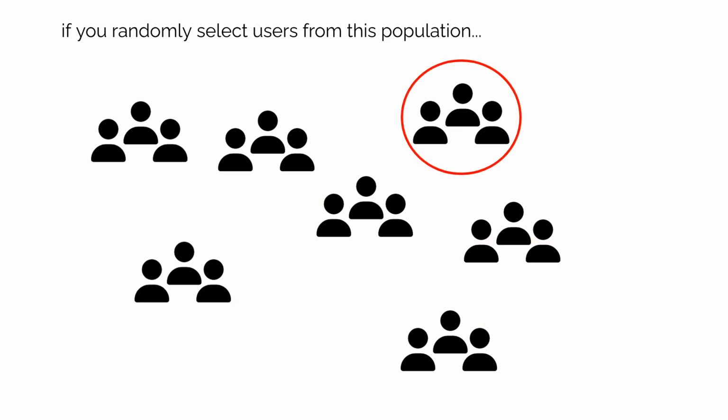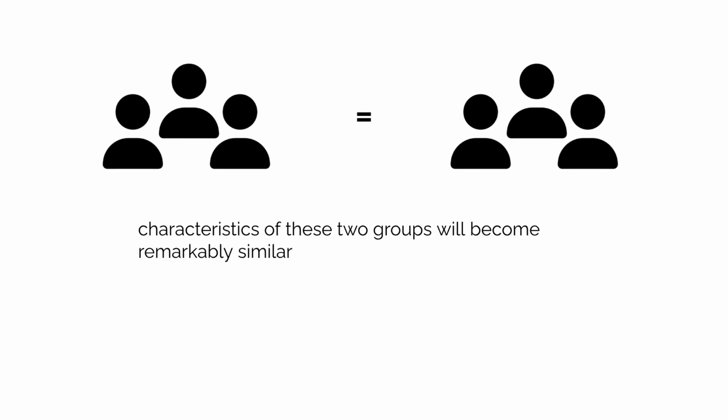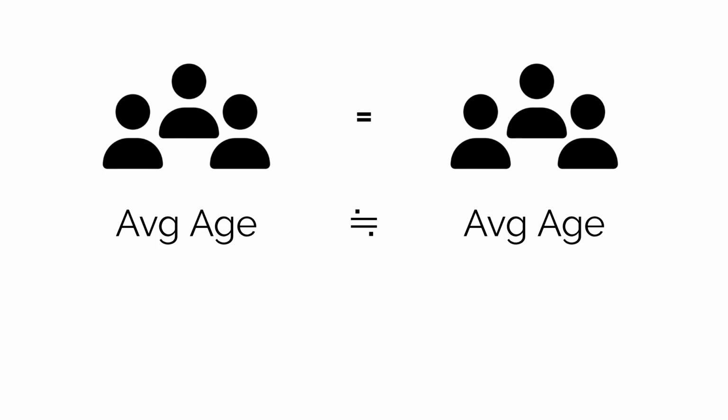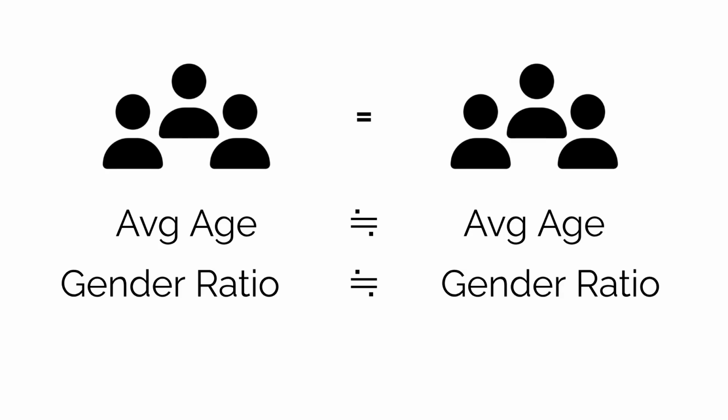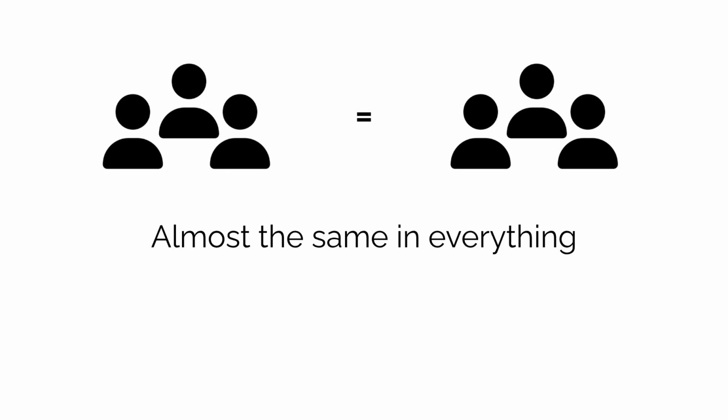However, if you randomly select users from this population and divide them into two groups, as long as you have a certain sample size, characteristics of these two groups will become remarkably similar. Their average age, gender ratio, app access frequency, and so on. The characteristics of these two groups will become remarkably similar in every aspect. In this case, we say the two groups are homogeneous.